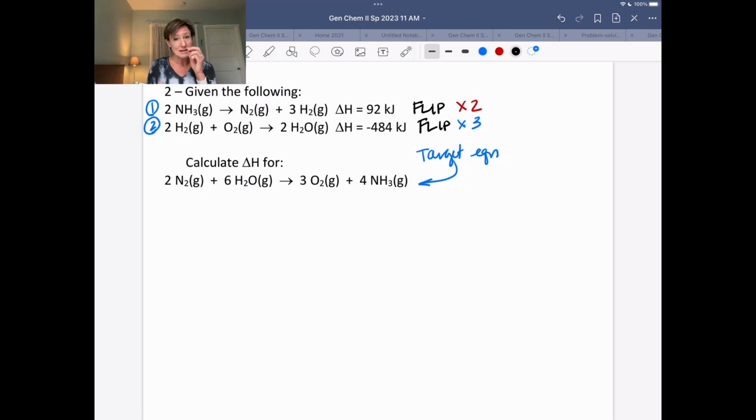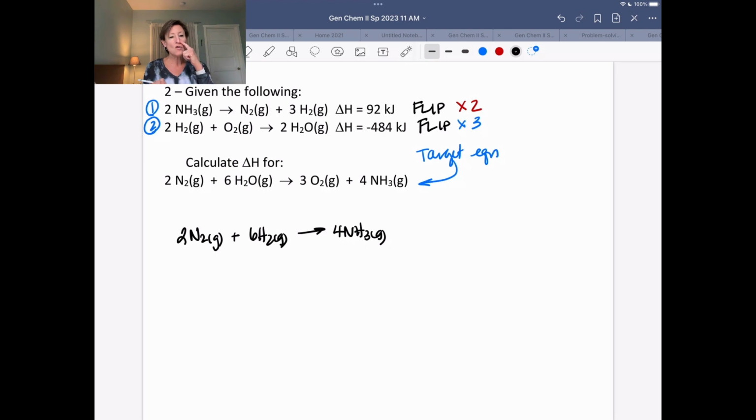Now, my next recommendation is to take this extra time and rewrite those manipulated equations in their correct form. So I'm going to go ahead and scale and flip that first reaction, which means I'm going to have N2 now as 2N2 on the left, and then I'm going to have 6H2, and then I'm going to generate 4 NH3.